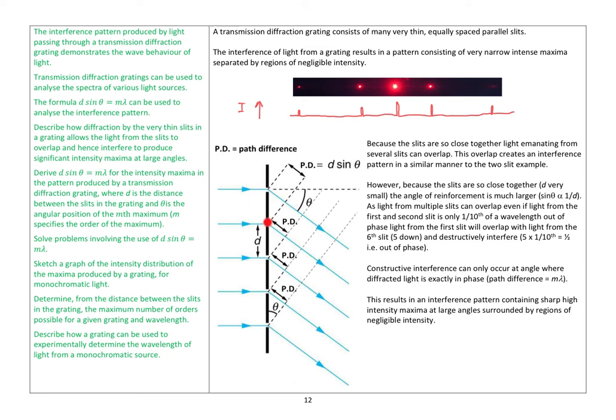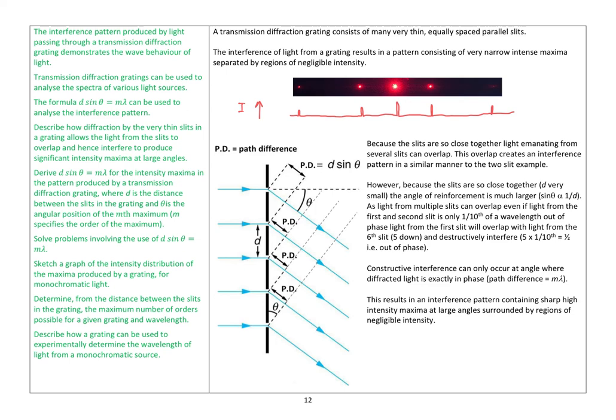If they're half a wavelength out of phase, these two will destructively interfere. But if they're a quarter of a wavelength out of phase, this one here will be a quarter of a wavelength different from this one, but it will be half a wavelength different from this one down here. So this one here will destructively interfere with this one here, and this one here would go with this one. So we would see destructive interference.